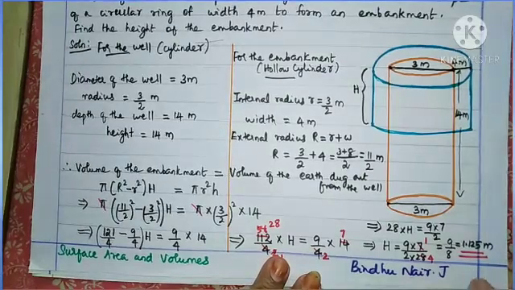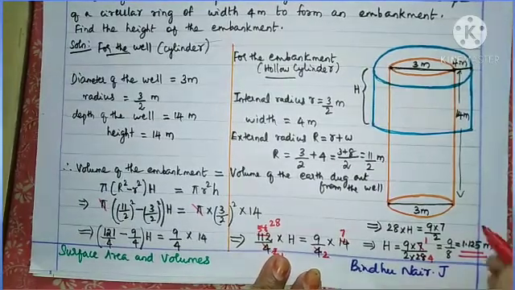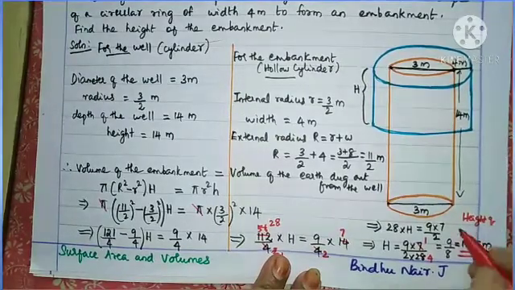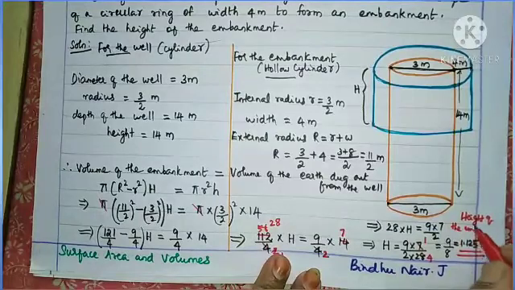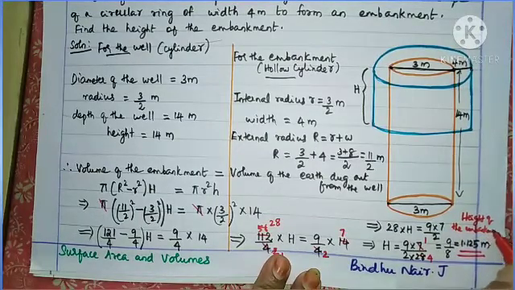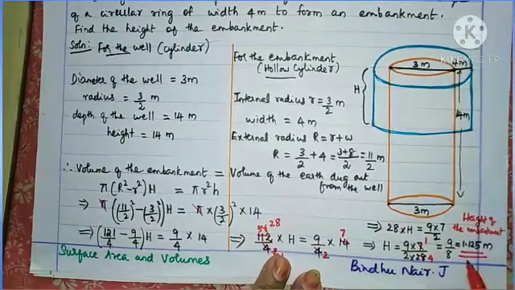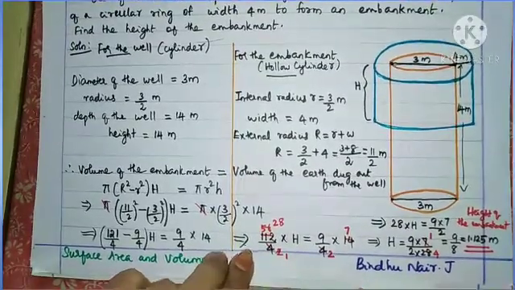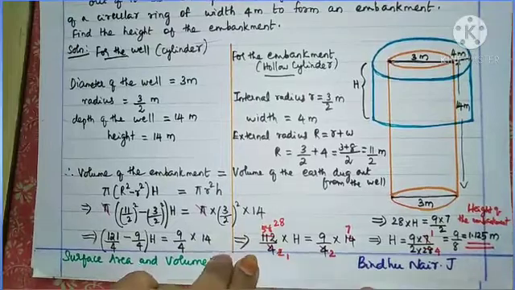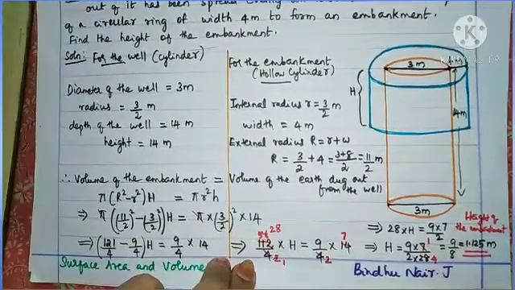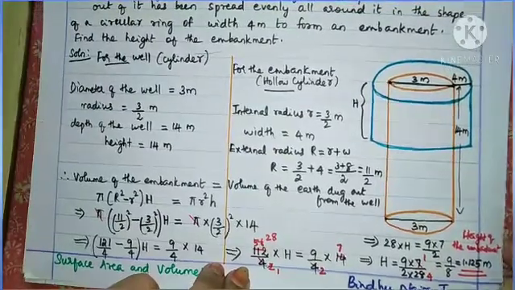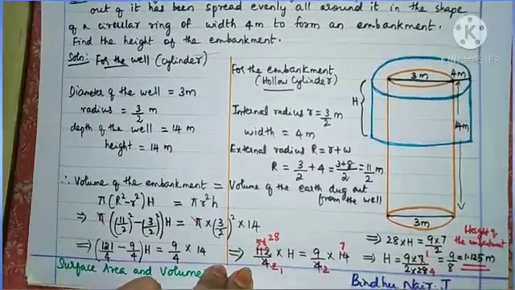So this is the required value of the height of the embankment. Yes, the height of the embankment is 1.125 meters. Hope all of you understood this problem. So here the well we are taking in the form of a cylinder, and the embankment constructed outside is in the form of a hollow cylinder.